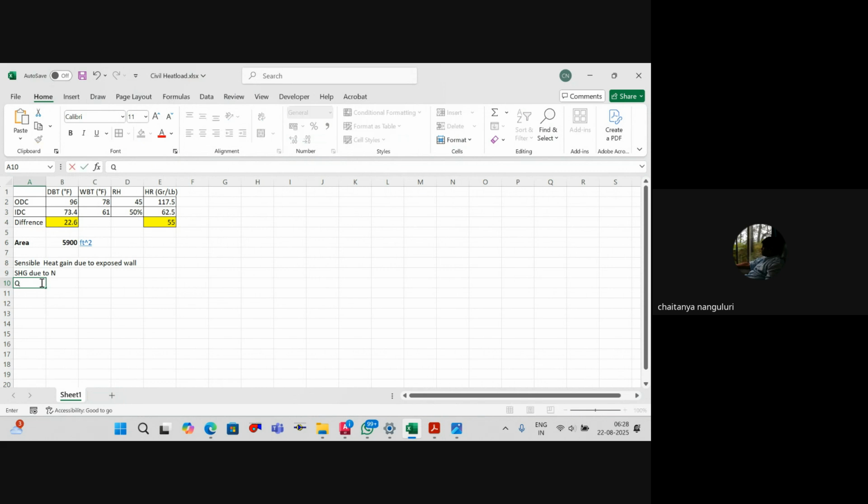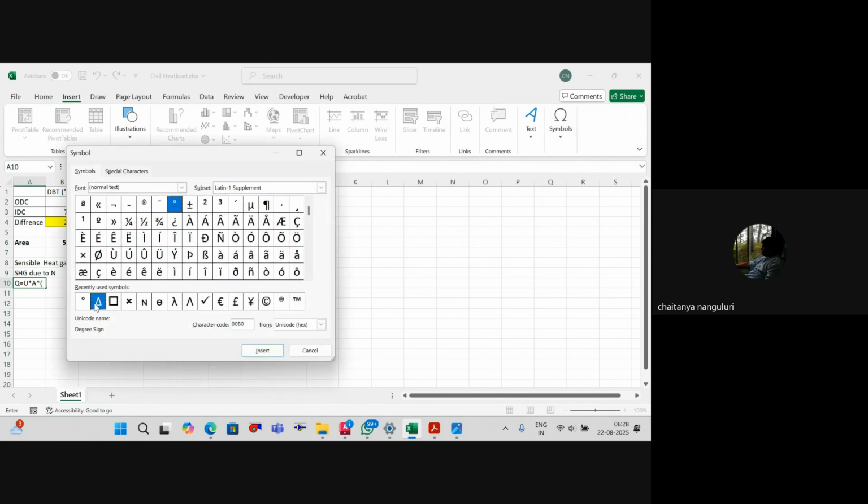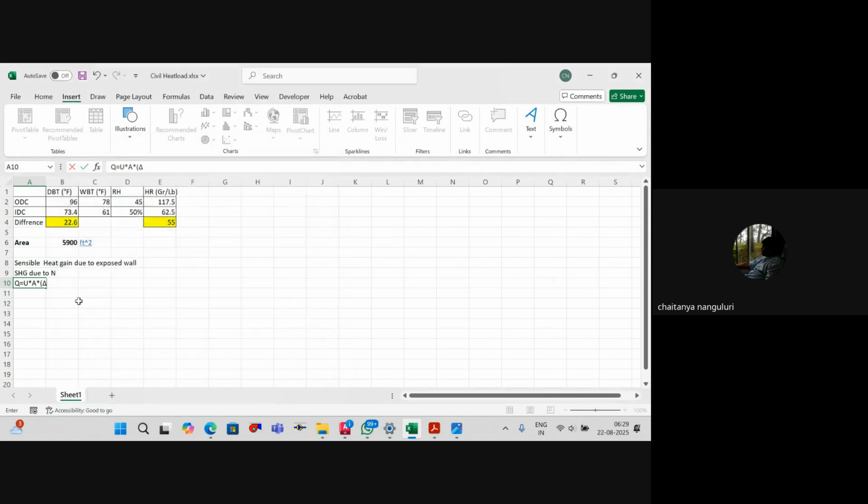Q is equal to U into A into delta T plus CTD. You agree? It's just a symbol. Correction in temperature difference, CTD.